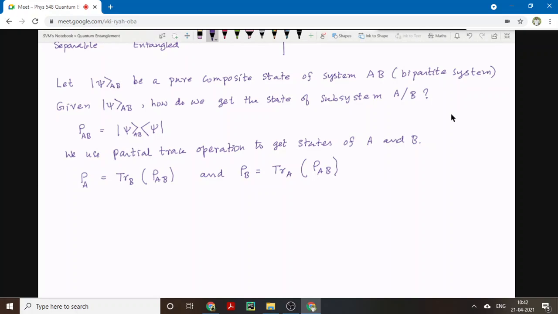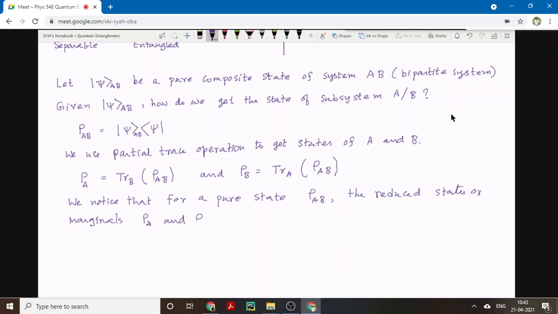Okay. Now we have noticed that for a pure state rho AB, the reduced states, we call these also marginals, rho A and rho B, are mixed if and only if rho AB is entangled.